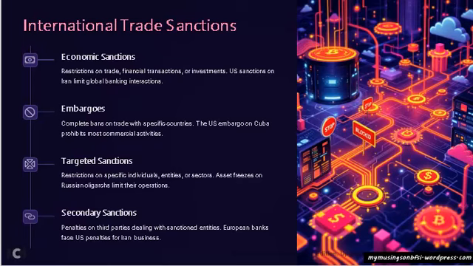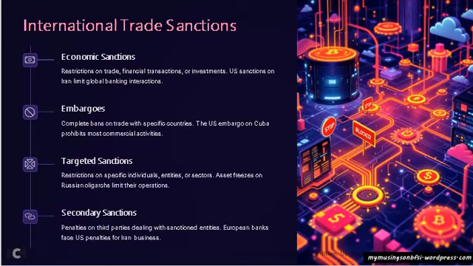Economic sanctions restrict trade, investment, or financial transactions. Example, US sanction on Iran oil. Embargoes prohibit all trade and economic interaction with the country. Example, US embargo on Cuba. Targeted sanctions focus on certain individuals, entities, or sectors.